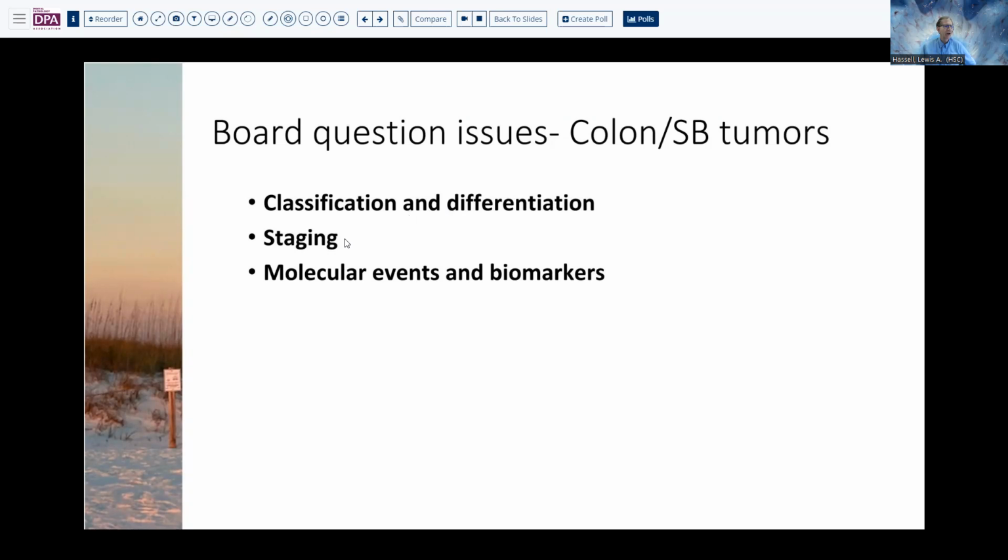Staging in terms of size, nodal function, and even less common staging issues such as microvessel density or tumor budding score and so forth. And then being aware of the implications of things like KRAS mutations, mismatch repair deficiencies, BRAF mutation, and other markers, the APC gene mutation, and so forth.